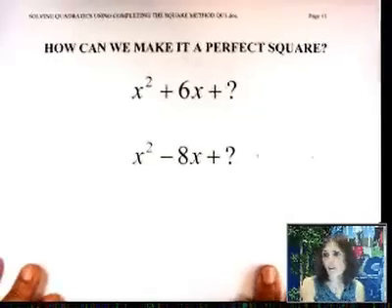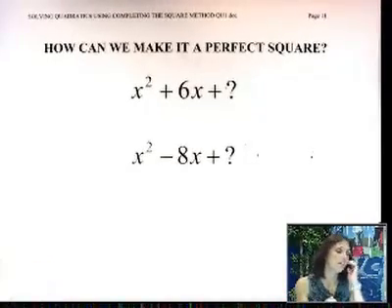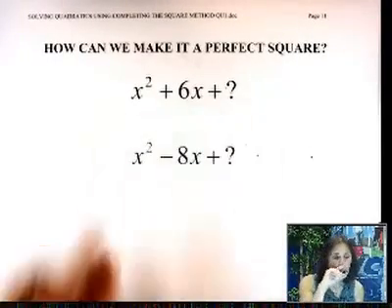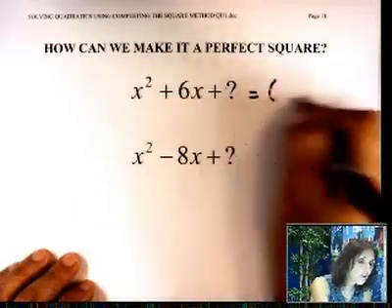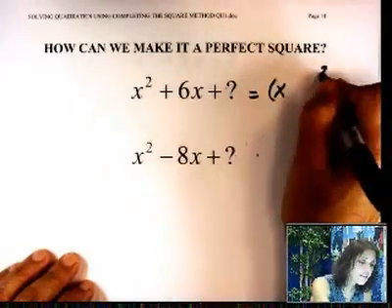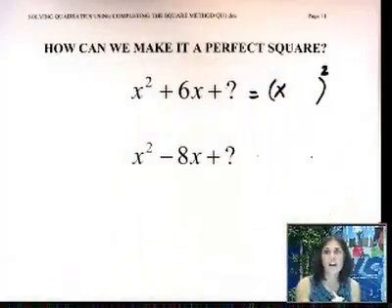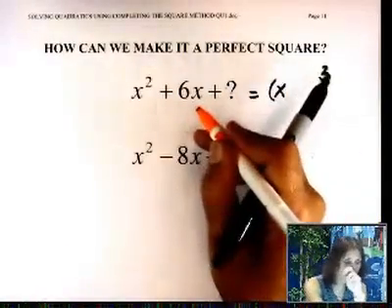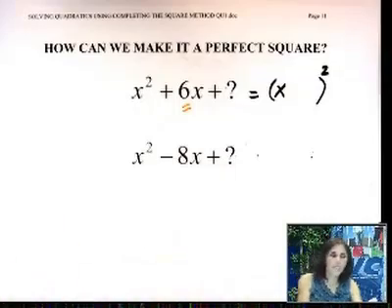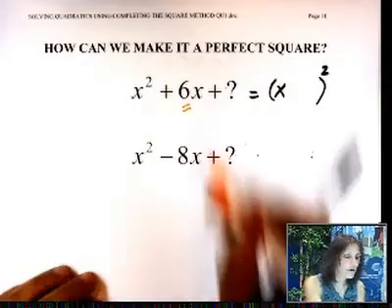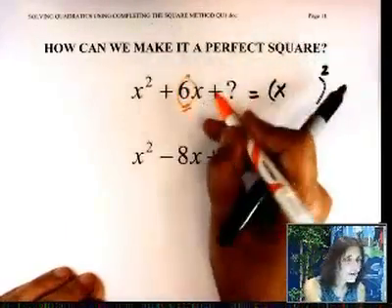Now, let's go one more step. If somebody says, how can you make this adding something as a perfect square? This is a perfect square of what? I know that it has an x in it, but what is that guy? So remember how it went. This term is going to be twice first and last. So going backwards, I can take 6 divided by 2.